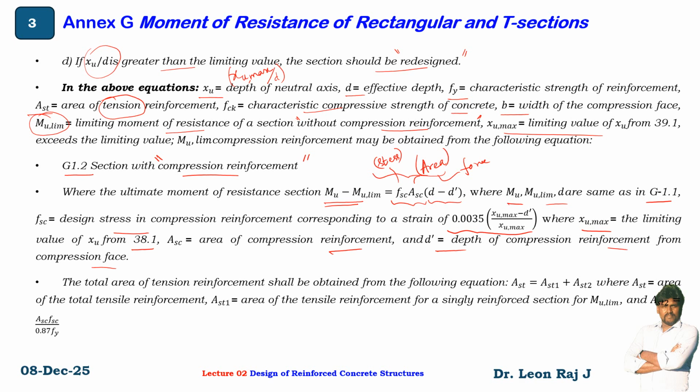The total area of tension reinforcement shall be obtained by the equation Ast equals Ast1 plus Ast2, where Ast is the area of total tensile reinforcement, Ast1 is the area of tensile reinforcement for a singly reinforced section for Mu limit, and the remaining part is Ast2. Ast2 is arrived at with this formula: Asc fsc divided by 0.87 fy.